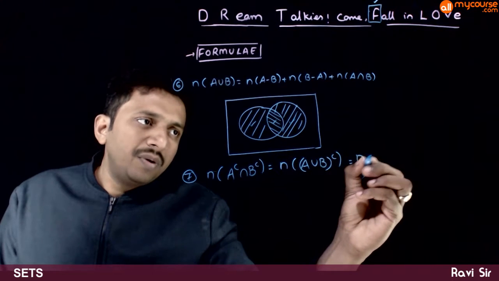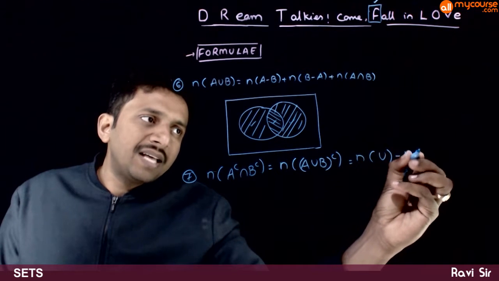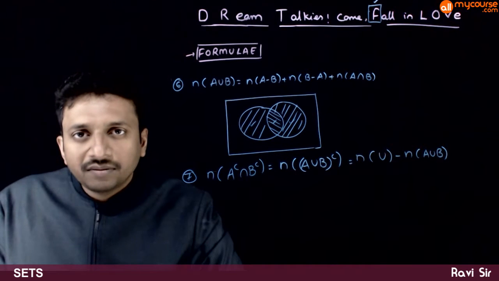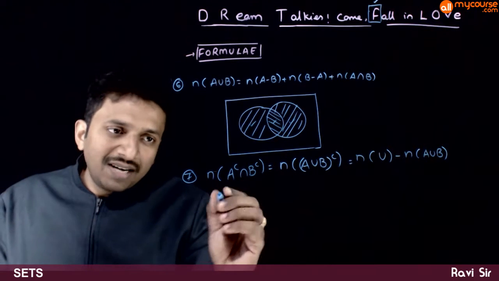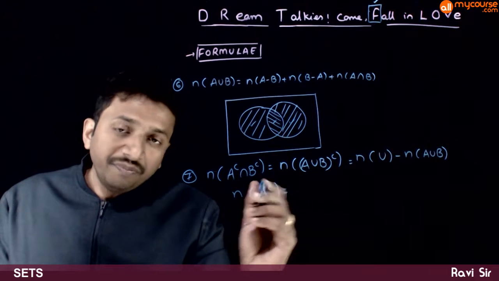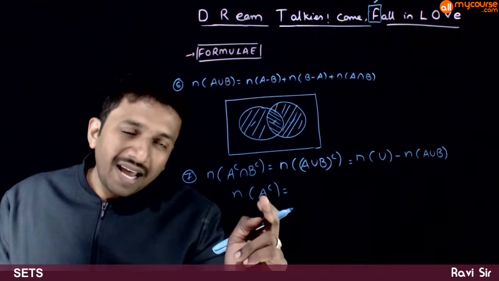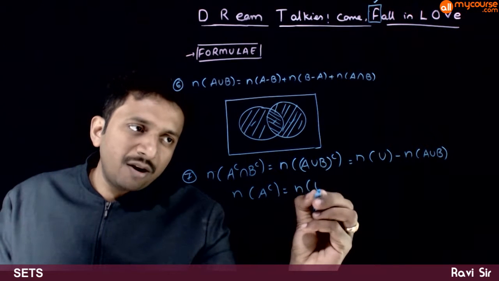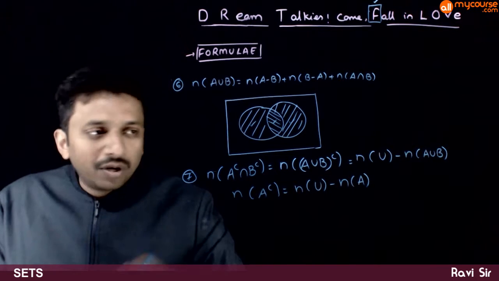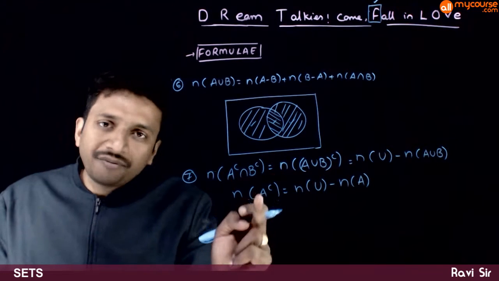That is equal to n of U minus n of A union B. So to understand this, you have to understand a very basic formula. N of A complement is equal to, so what are the number of elements in any set complement? Nothing but n of U minus n of A, right? Because universal set is the union of A and A complement.